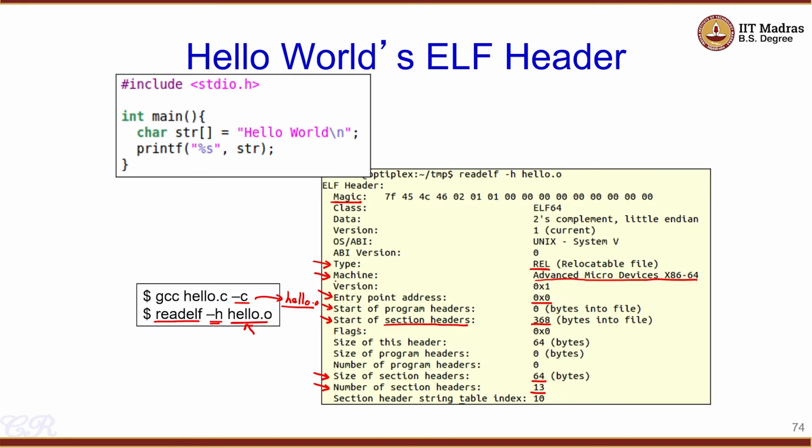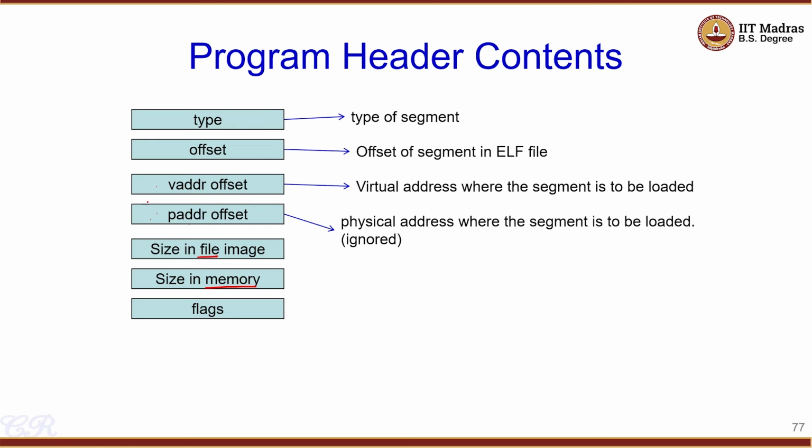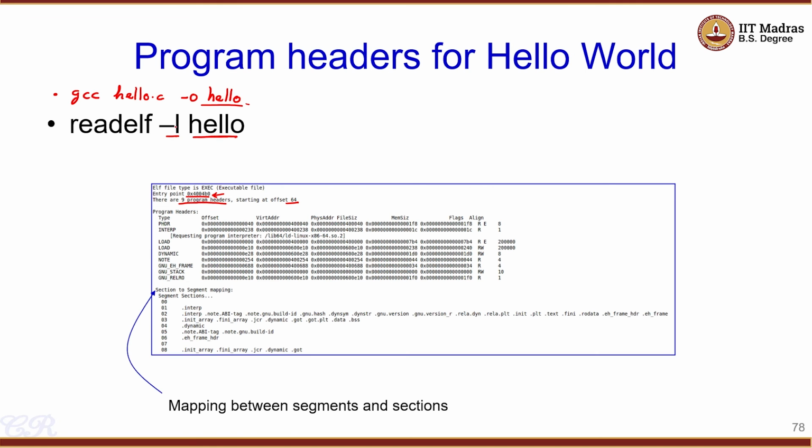In our example, the number of program headers is 9, and the pointer to the program header is 64. That means 64 bytes into the offset of this hello ELF is where we find this structure. Since there are 9 such program headers, there would be 9 rows: 1, 2, 3, 4, 5, 6, 7, 8 and 9.